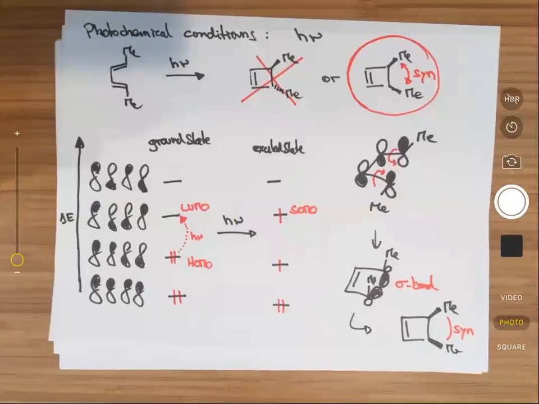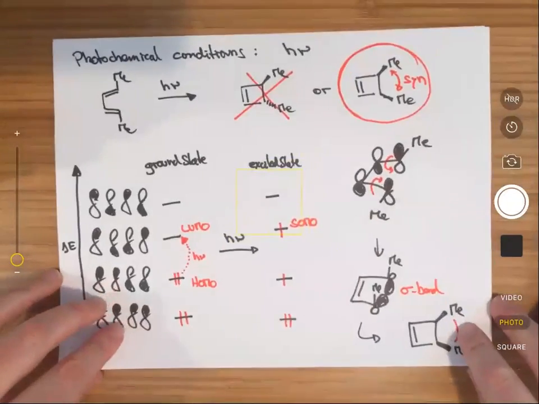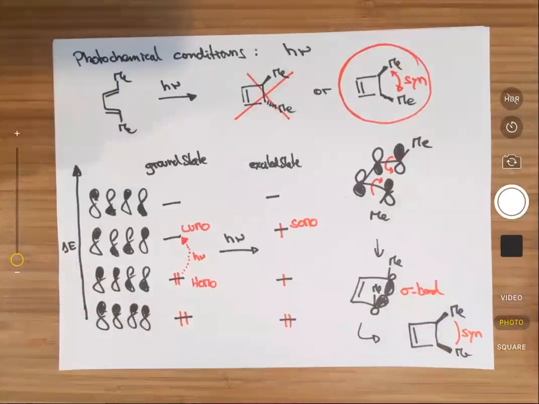I know that this might be a little bit overwhelming at this stage, and many of you might be thinking, do I actually have to go through this quite complex, involved analysis every single time that I see an electrocyclization? The answer to that is yes, you can. It's healthy to practice that, but you don't have to. The nice thing about all these electrocyclizations is that they obey the rules that we have set up very well.